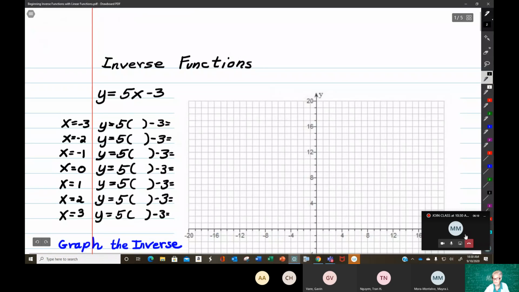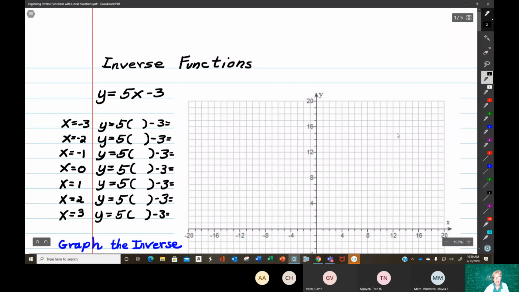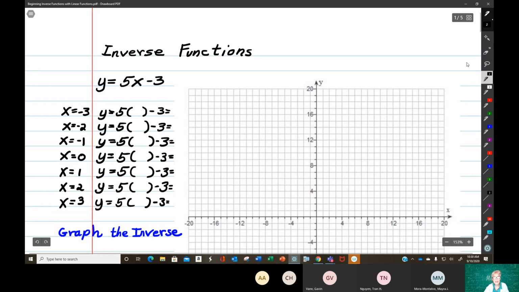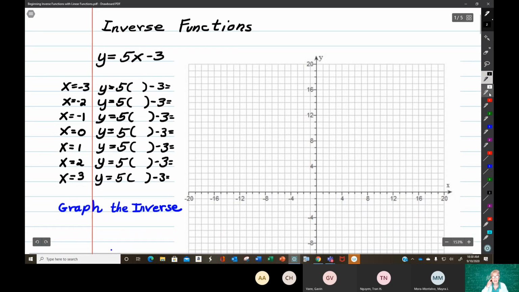Inverse functions. Inverse functions are basically so easy, and they're really interesting. So it's hard to beat that fact. We are going to look at the magic that goes into inverse functions.